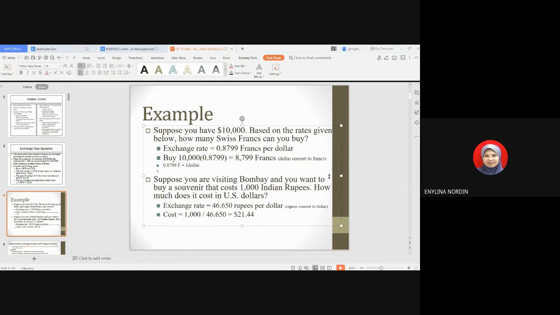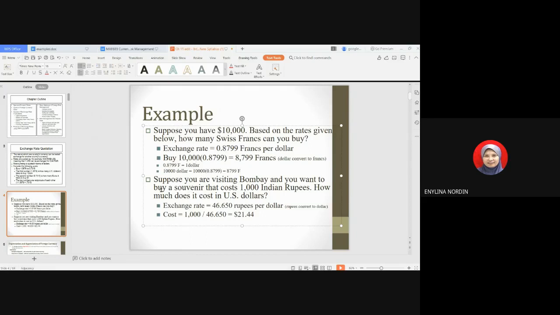Therefore, if you have $10,000, it will equal to how much? 10,000 multiplied by 0.8799, then you will get 8,799 franc. So that is how you calculate.